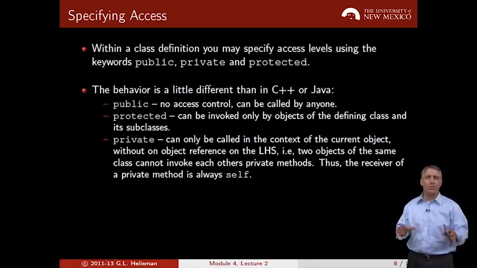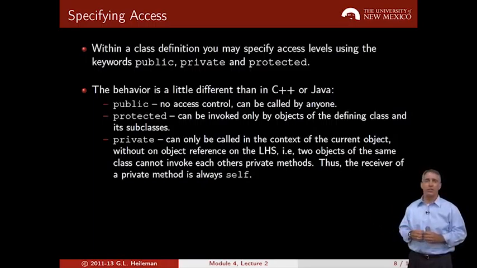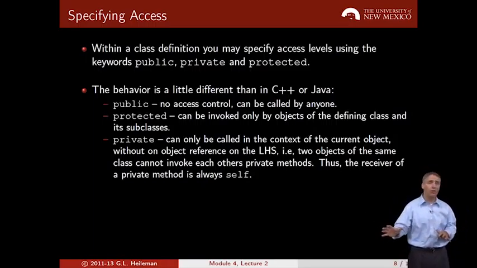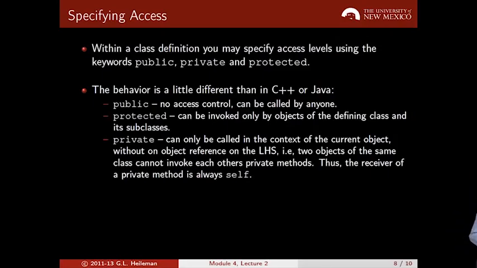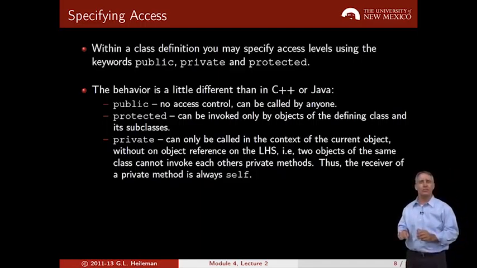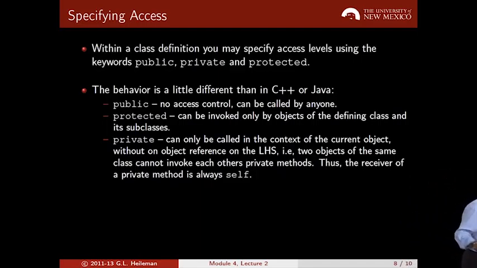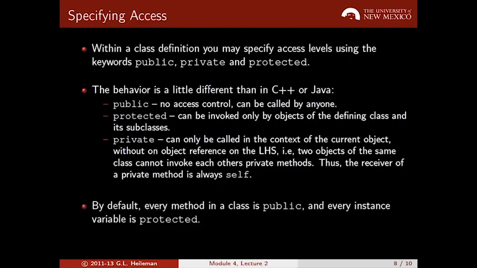Two objects of the same class cannot invoke each other's private methods. This is something you can do in some other object-oriented programming languages. So what this means is that the receiver of a private method can only be self. You can only invoke the private method from within a method in your class. So a bit of a distinction between other object-oriented languages here.